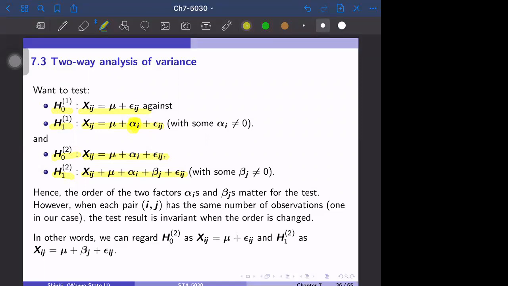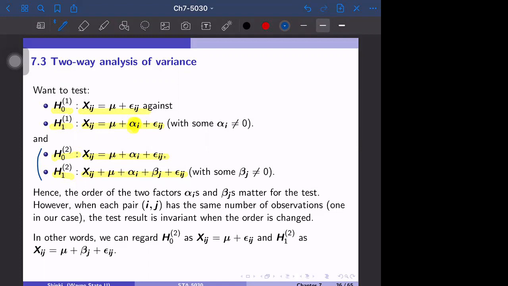So the second factor may be useful if the first factor does not exist. But if the first factor really explains many of the Xij, it's difficult for beta j to come in. So it's more difficult to reject the H naught for the second test, conceptually at least.